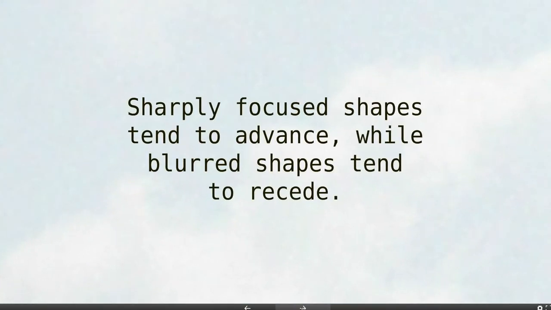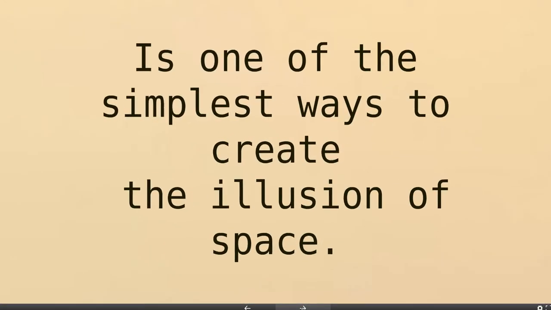Sharply focused shapes tend to be advanced, while blurred shapes tend to recede. Write it down, please. It is one of the simplest ways to create the illusion of space.